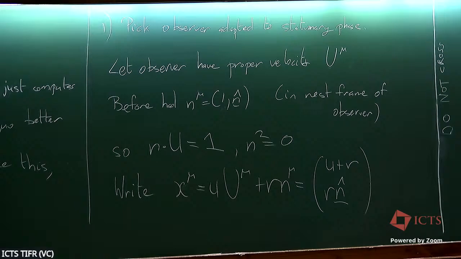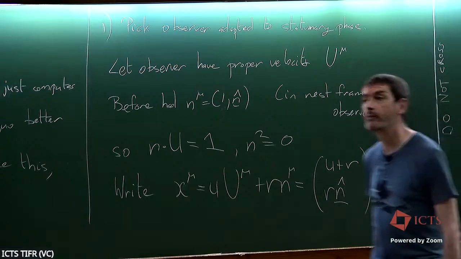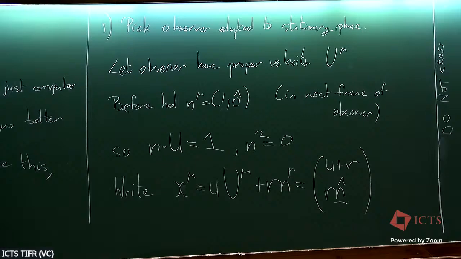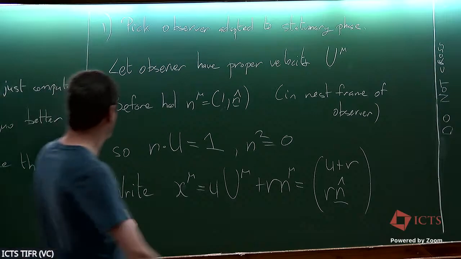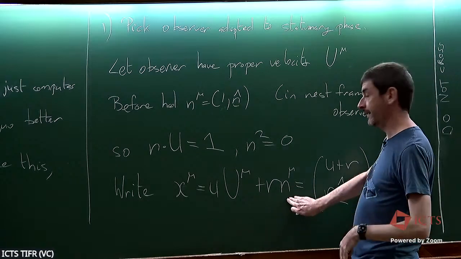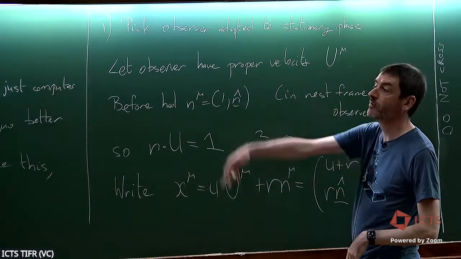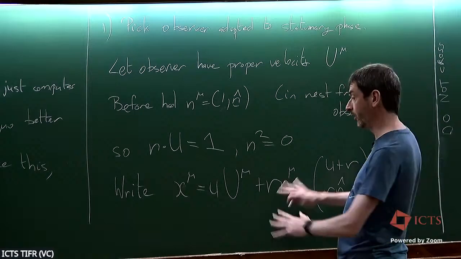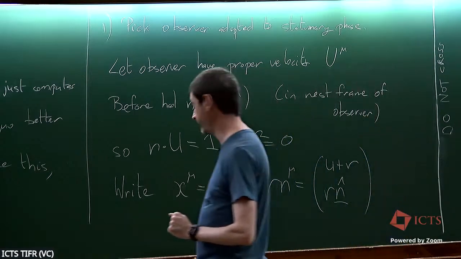And this makes sense because u plus r should be the time. The retarded time u is t minus r. So you'd expect the time component to be u plus r. This choice of coordinates has the property that the little u is built in, the distance is built in, and the vector n, which was important before, is also built in. So it's a nice set of coordinates for us to work with.